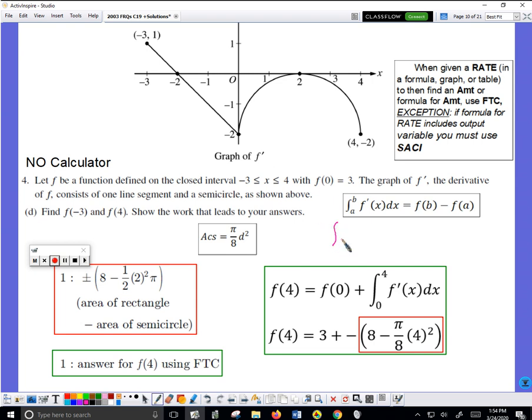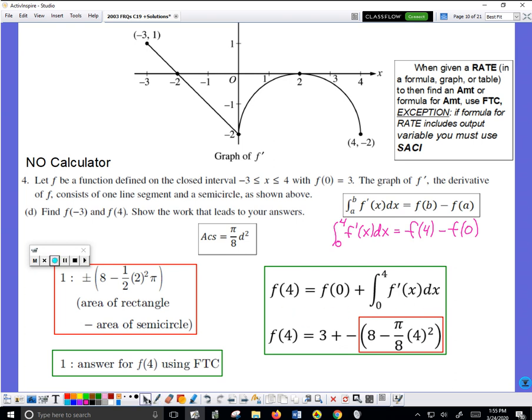This time we can go from x equals 0 to x equals 4. We integrate f prime. That must equal how much f has changed between x equals 4 and x equals 0. Rearranging for f of 4, we simply add the f of 0 to this side. We get this equation.